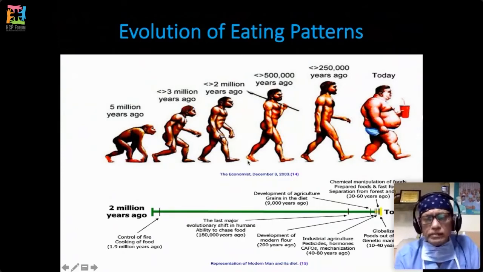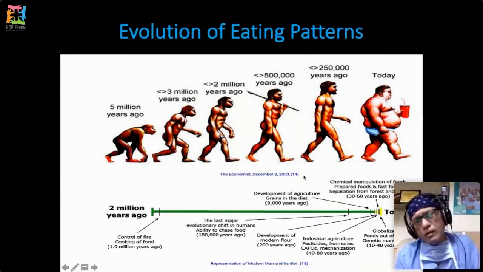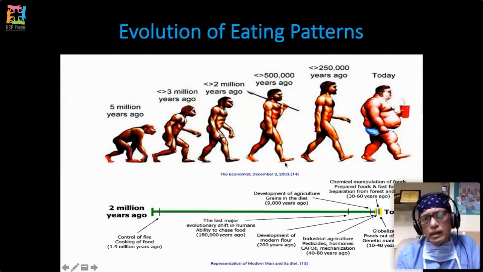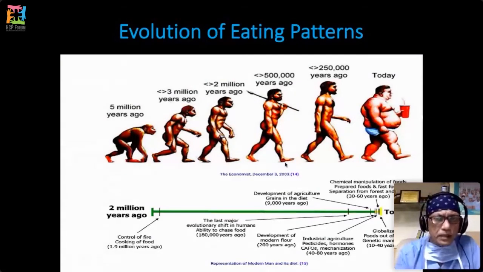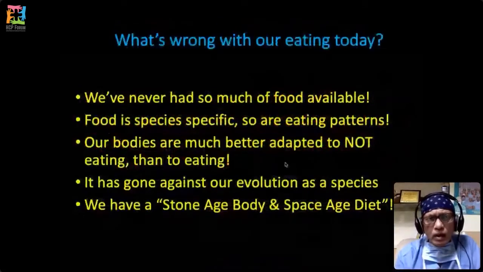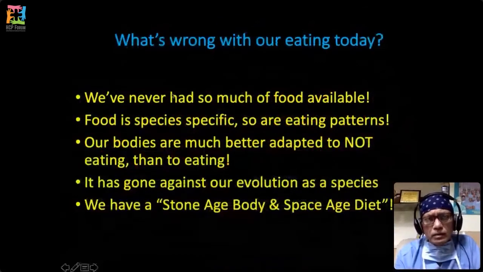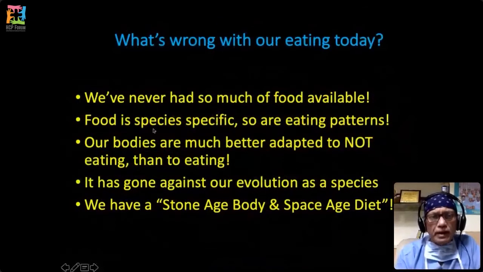Food has always been scarce, and prolonged periods of time would pass before they got food. I'm going to go into the details later on, and so are eating patterns.